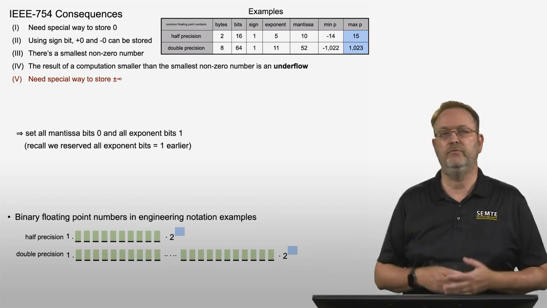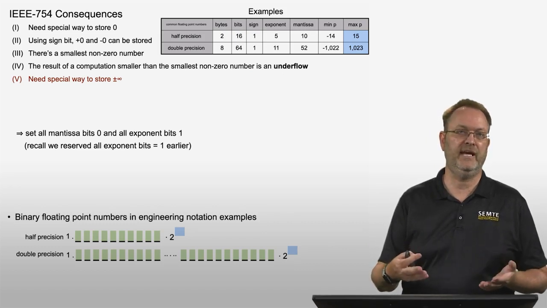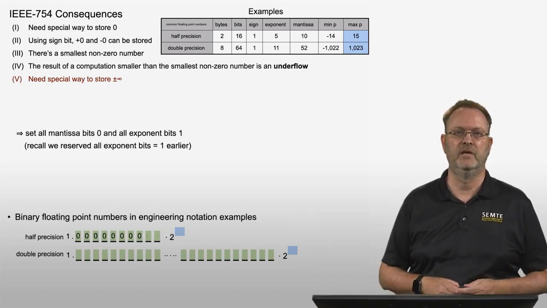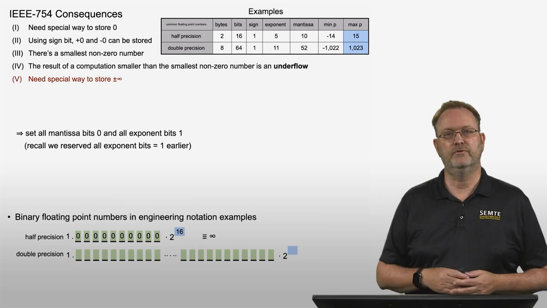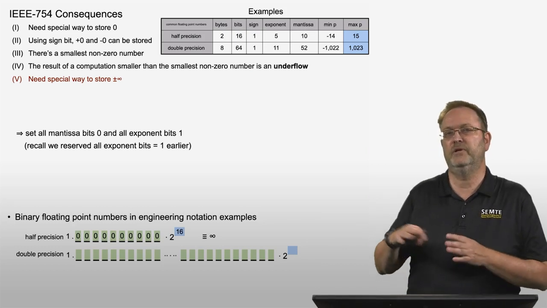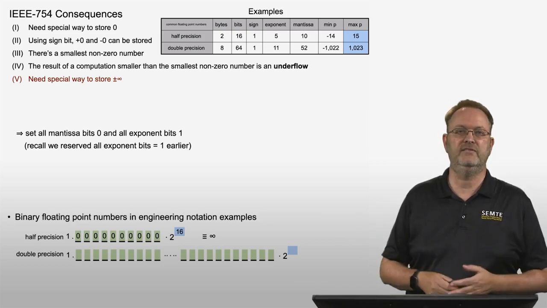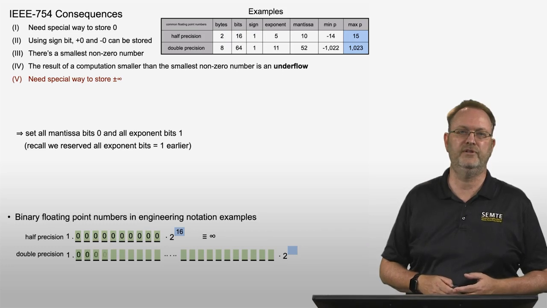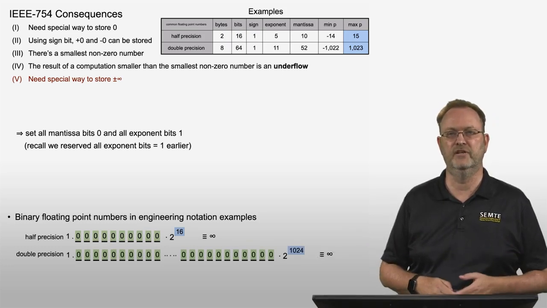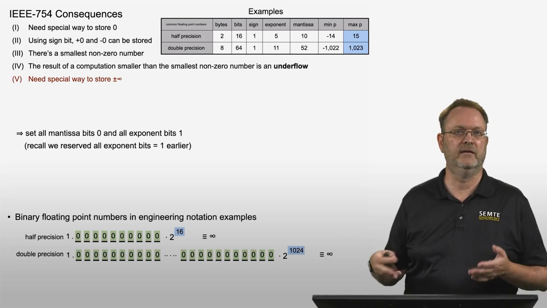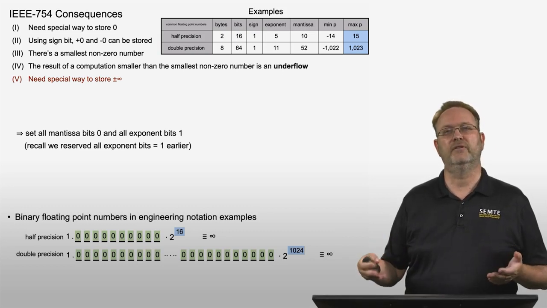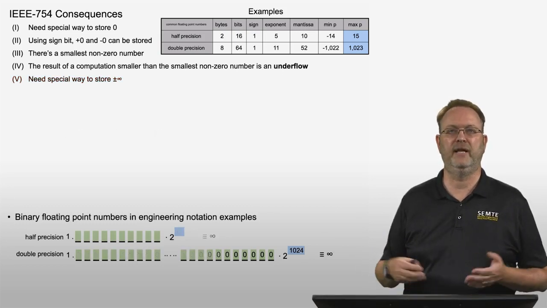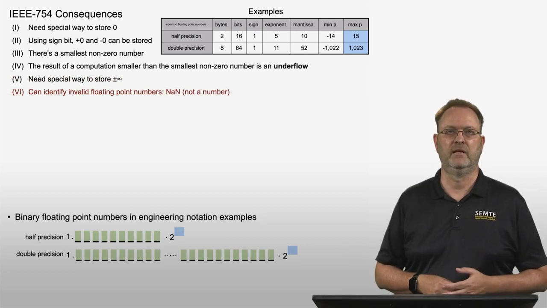So this is why we reserved them, in order to be able to store infinity. So all mantissa bits equal to 0 and all exponent bits equal to 1. That is the number infinity for half precision, and similarly for double precision. That is defined as meaning infinity. And together with the sign bit, we can then have plus or minus infinity.